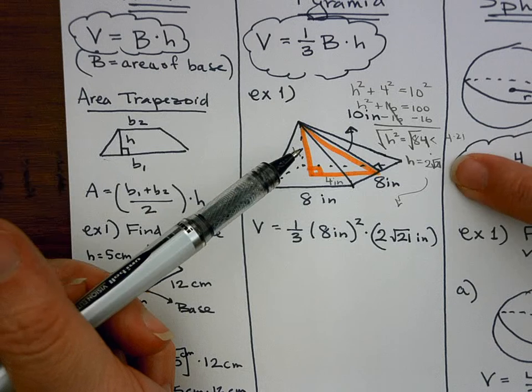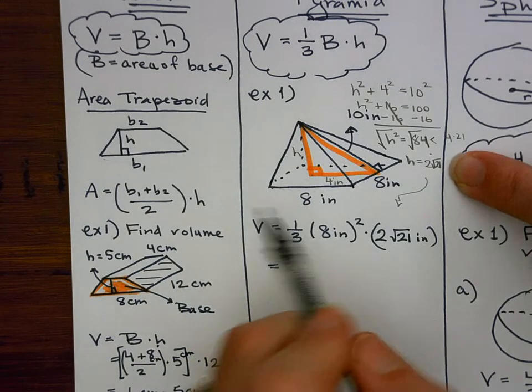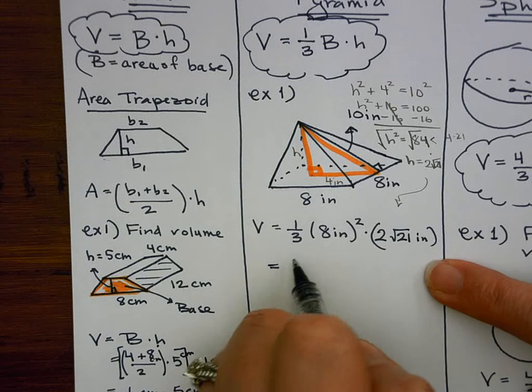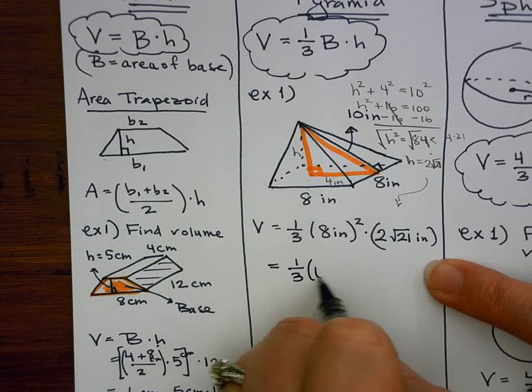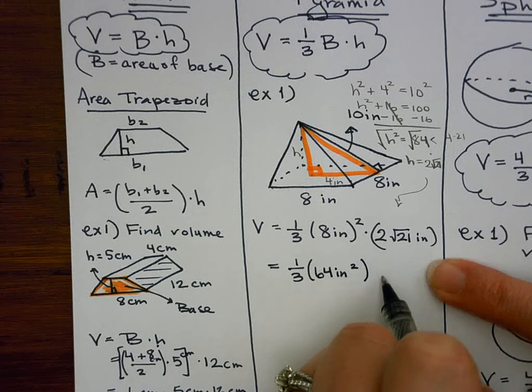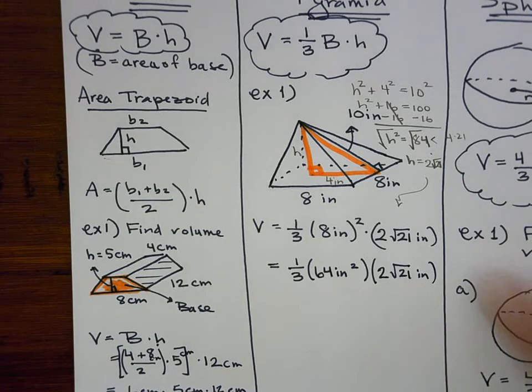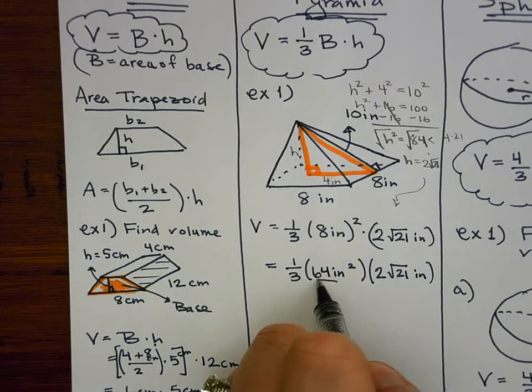Okay, and then from here, I have 8 times 8, and then inches times inches, and then 2 square root of 21, and then inches. Okay. I'm going to put this over 1.